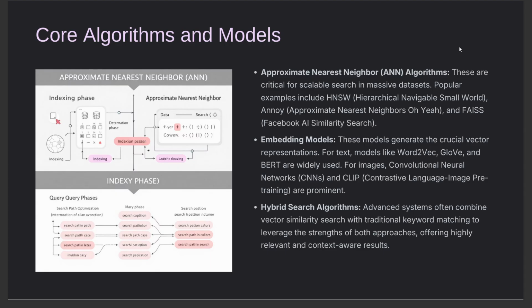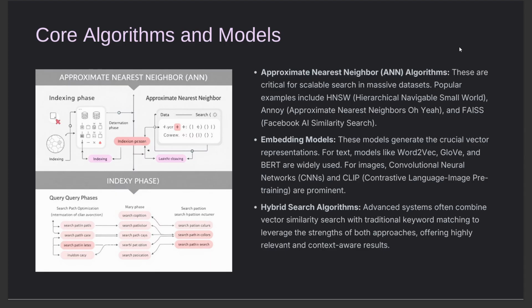Now we learn about core algorithms and models. Several important algorithms and models make vector similarity search possible. First, approximate nearest neighbor algorithms.